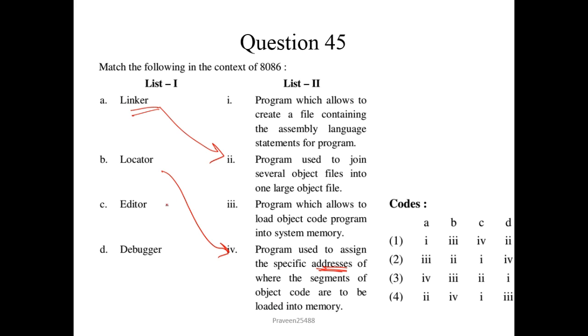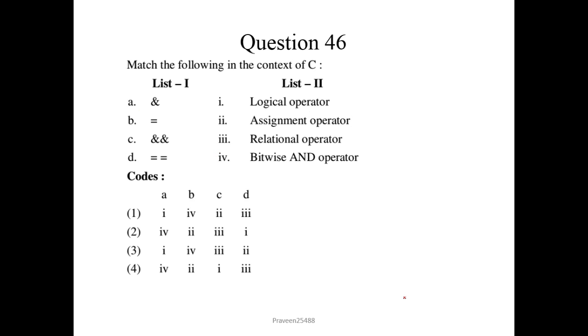So this is connected to fourth one. Editor is the program which allows to create a file containing the assembly language statements for the program. And debugger is the program which allows to load object code program into system memory. So our correct sequence is 2, 4, 1, 3. Here fourth one is the correct answer.